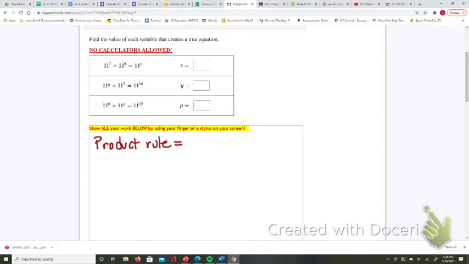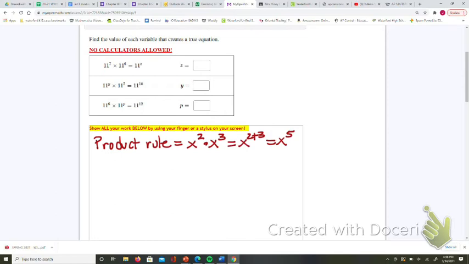And the product rule is X to the second times X to the third is going to equal X to the 2 plus 3, which is X to the 5. I think sometimes having an example instead of just the variables makes it easier for students.